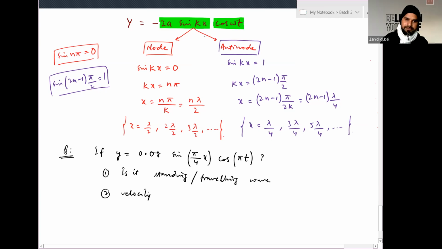Velocity of wave? Amplitude of actual wave?